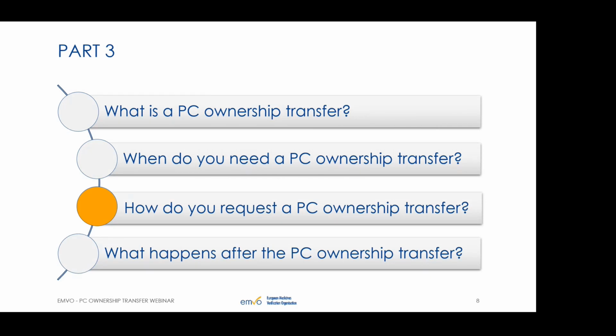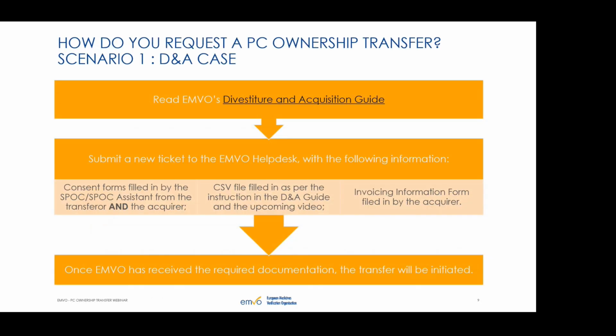Next, how do you request a product code ownership change? Once again, as you can see, we have 2 scenarios. Scenario number 1 is once again divestitures and acquisitions. First, the OPP should go to our website, find and read the divestiture and acquisition guide.